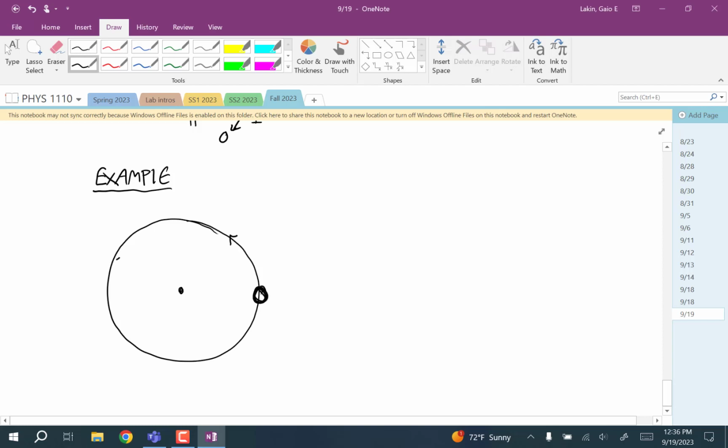Let's say it's going this way. And it's moving with a constant speed. The velocity is tangent to the path, so there's the velocity vector.